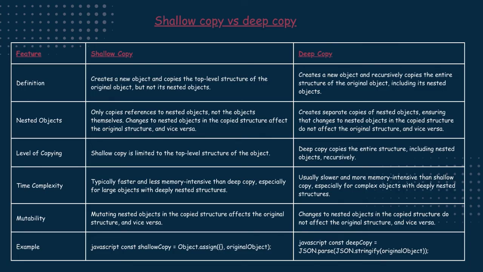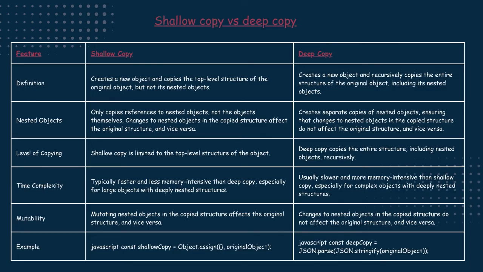In shallow copy, we can use the spread operator or Object.assign or JSON stringify. By using this, if we do any modification in the duplicate object, it will not affect the original object. In deep copy, this functionality will not work in nested objects. So to overcome this, deep copy comes into the picture. Here in deep copy, we can use JSON parse and JSON stringify.